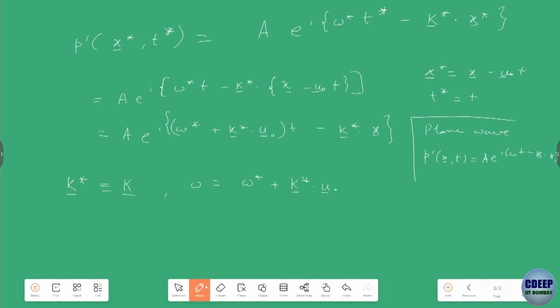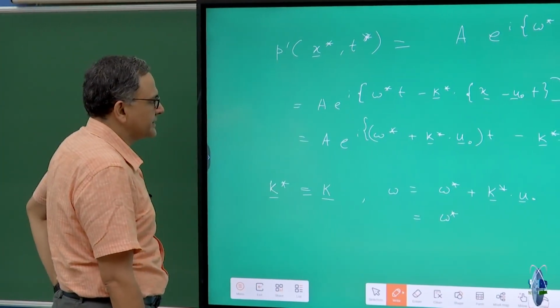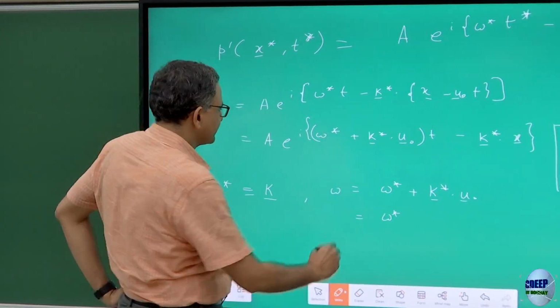So if we now put things together, you will recall that as part of the solution, we also found that kappa star was omega star by C naught. Remember, that was a dispersion relation. So that has to be satisfied between kappa star and omega star for this to be a solution of our Helmholtz equation or the wave equation.